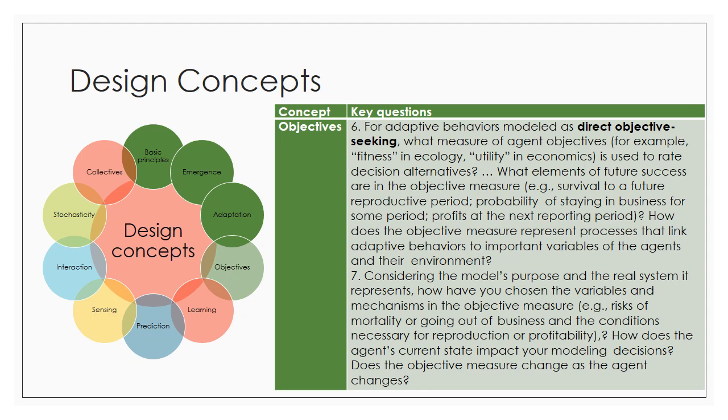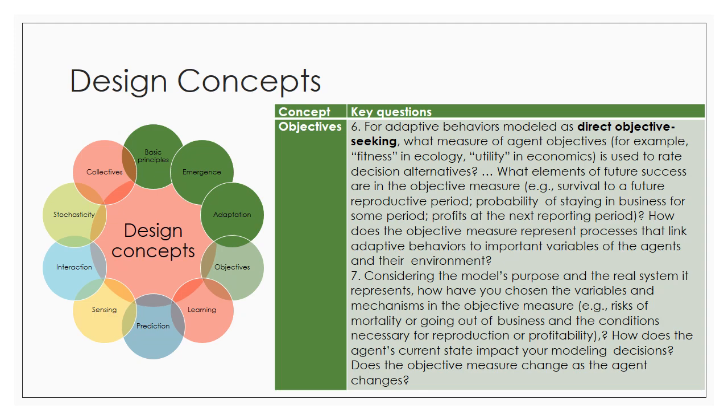What does success mean? What is a successful decision? What does it look like, right? And how does this objective measure represent the processes that link adaptive behaviors to important variables of the agents and their environment? How do those decisions change or modify the environment?